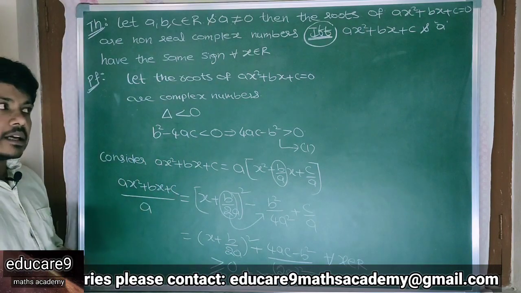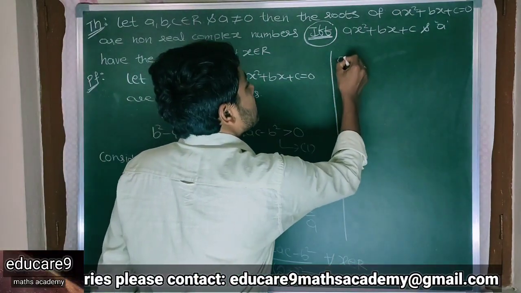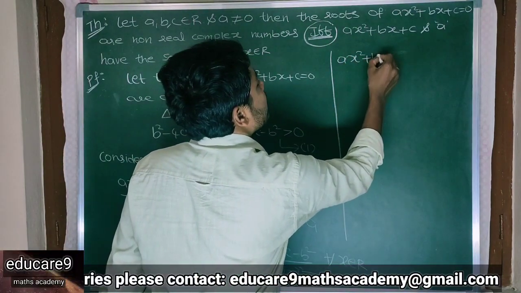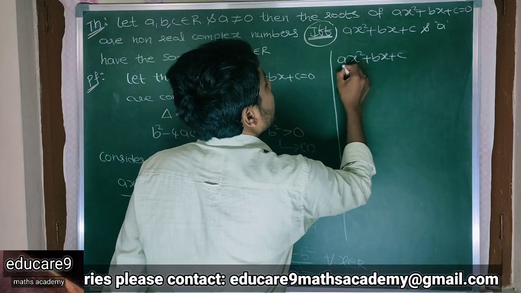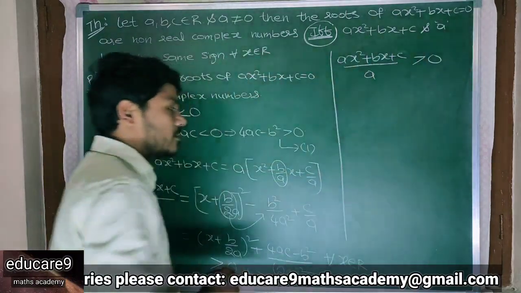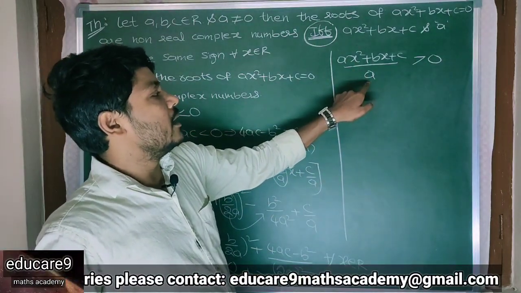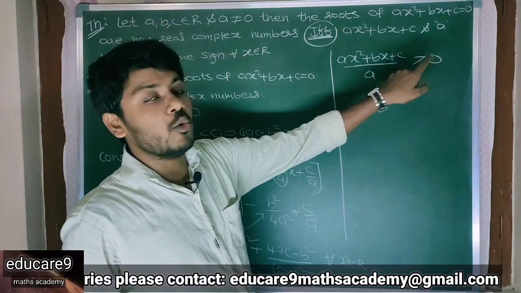So from this you can write ax square plus bx plus c by a value is greater than 0. Okay, both the quadratic expression and a have greater than 0.